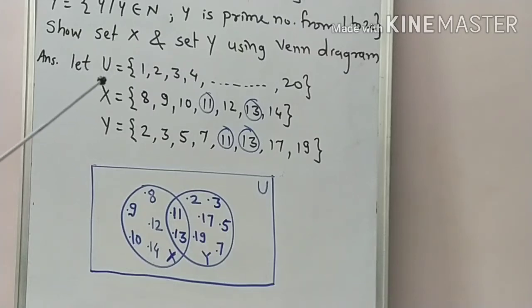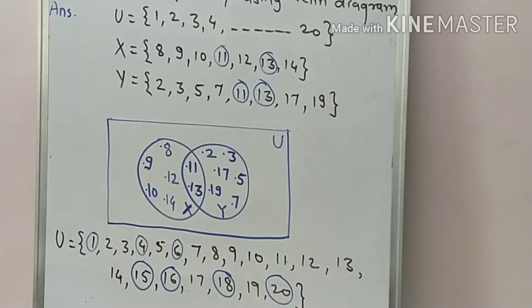What are those numbers? As we made the list of natural numbers from 1 to 20, according to that figure, here we have those numbers which are not in these two circles. So what are those numbers? 1, 4, 6, then 15, 16, 18 and 20.